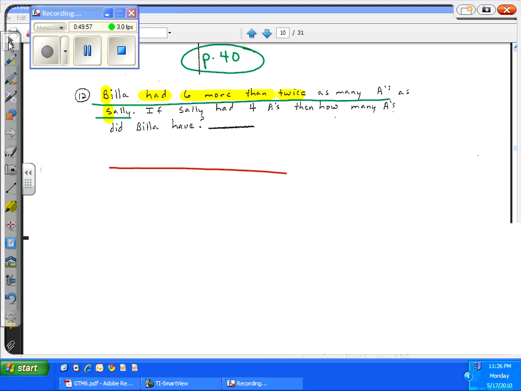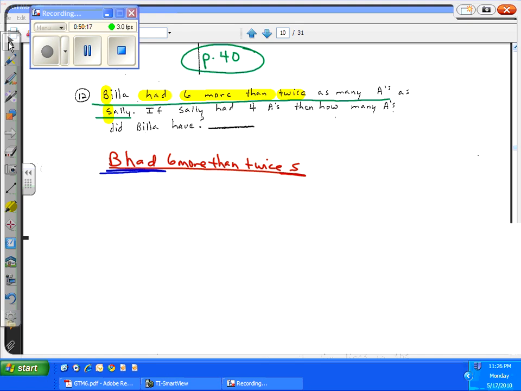And so we would put Billa B had 6 more than twice Sally.